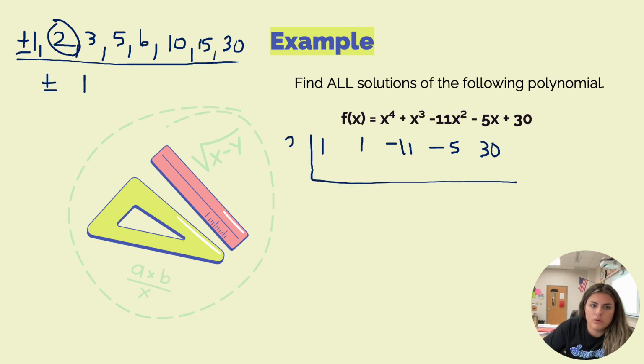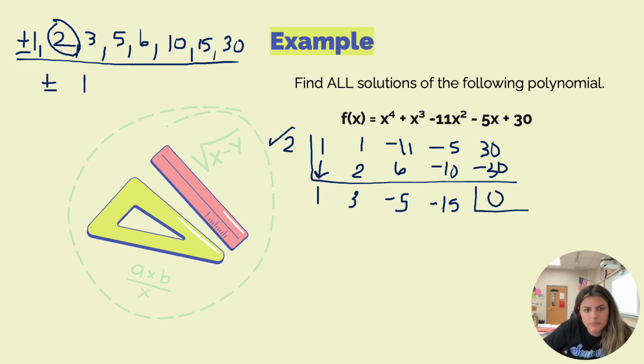So put a 2 over here, bring down this 1. 1 times 2 is 2. 1 plus 2 is 3. 2 times 3 is 6. Negative 11 plus 6 is negative 5. Negative 5 times 2 is negative 10. Negative 5 minus 10 is negative 15. And negative 15 times 2 is negative 30, making this 30 minus 30, which is 0. So 2 is one of our solutions.